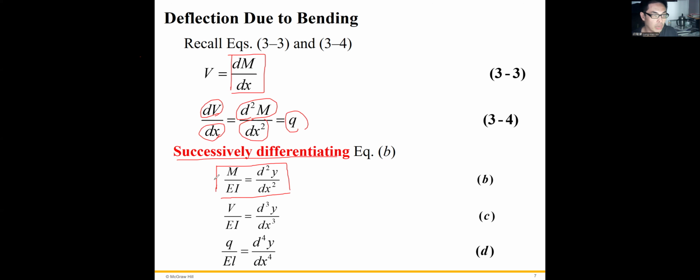So we can take the derivative, we get the shear force, and take the derivative again, we get the loading.